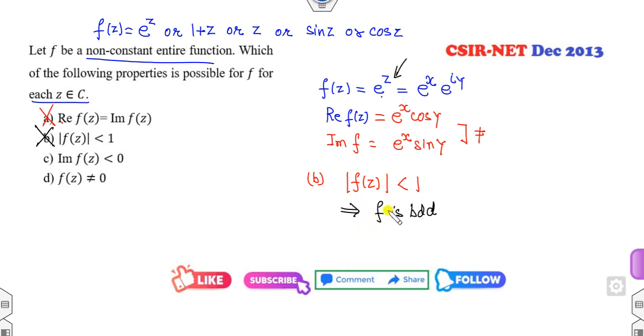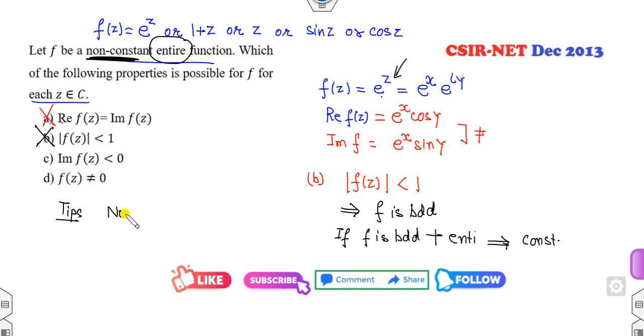Moreover, if we assume that this condition holds, f is bounded and f is entire, what does it imply? The function is constant, but it is given that it is non-constant. And as I already told you at the start in the tips, a non-constant entire function must be unbounded. So this option is also cancelled.